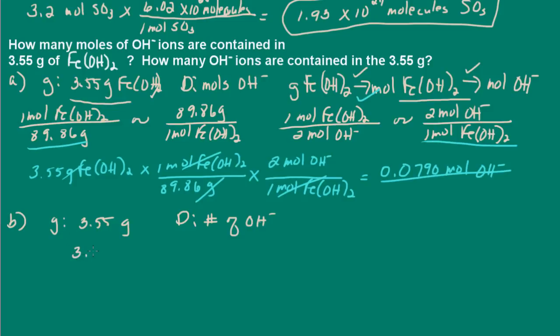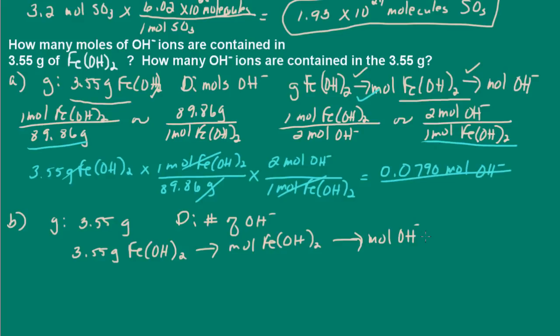So I have 3.55 grams of iron 2 hydroxide. You need to convert that to moles of iron 2 hydroxide. Then we have to determine the number of moles of hydroxide ions in the sample.